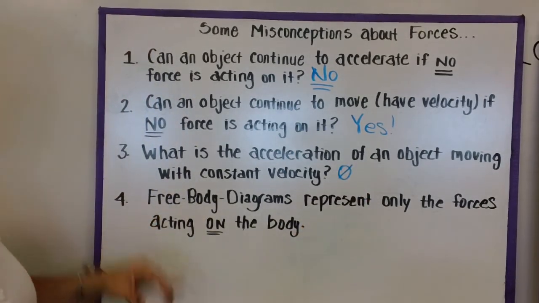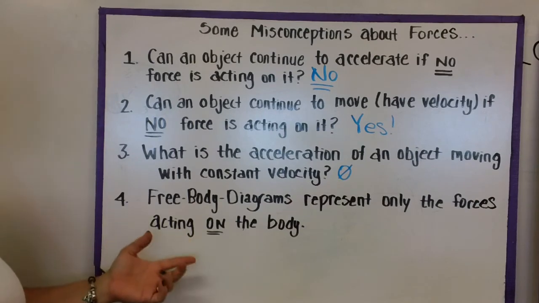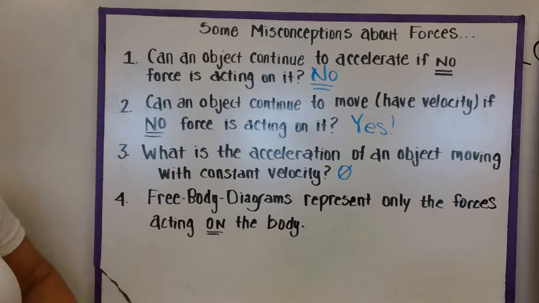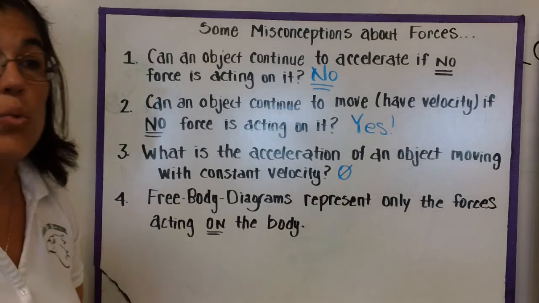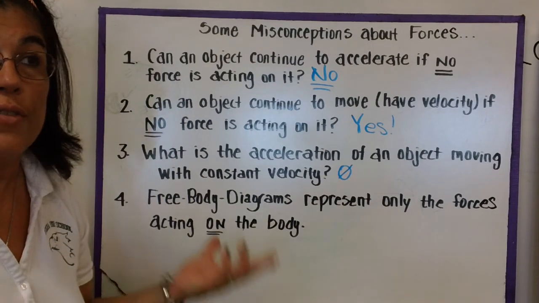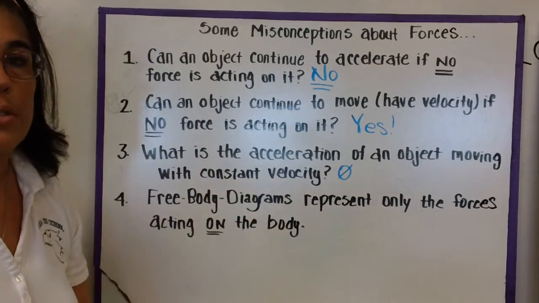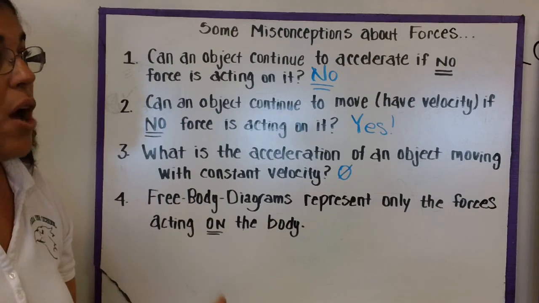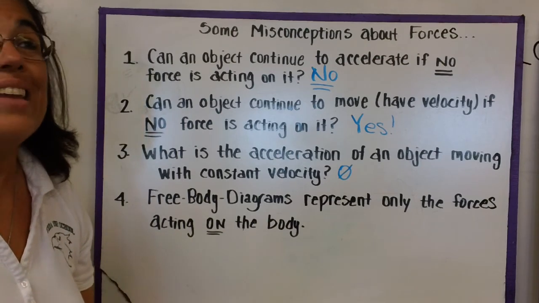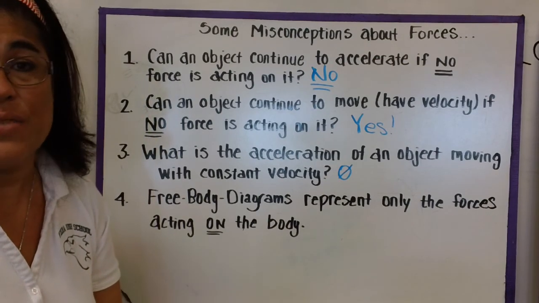Okay? And a free body diagram only represents the forces acting on the body. So for instance, in the football being kicked, we did not add the force of the foot. We only added the force that the football feels. If we were talking about the person pulling the sled, we did not add the mass of the sled into that.